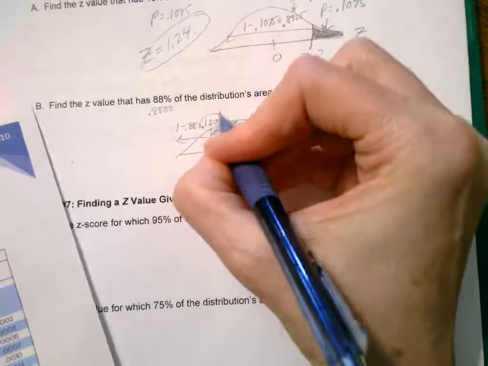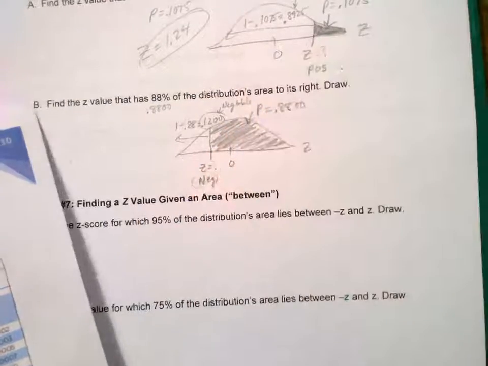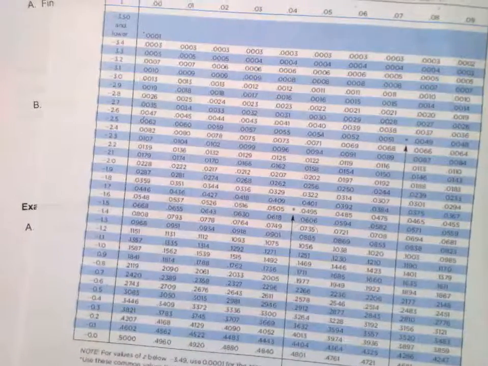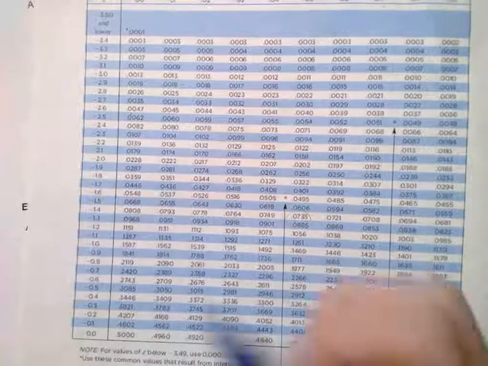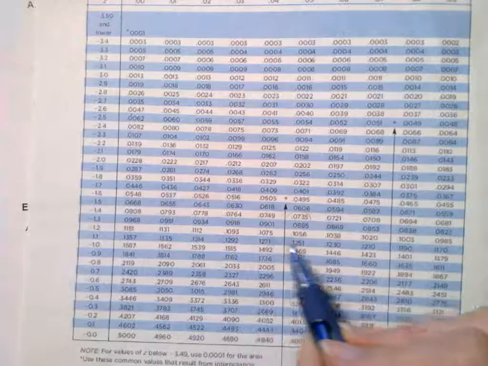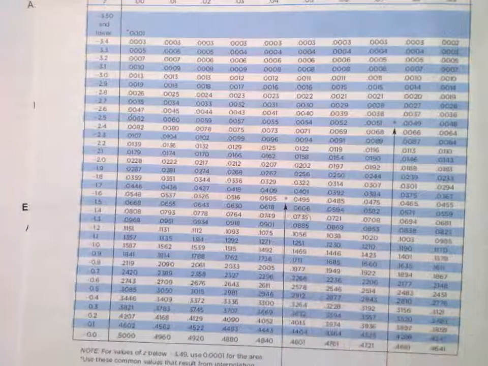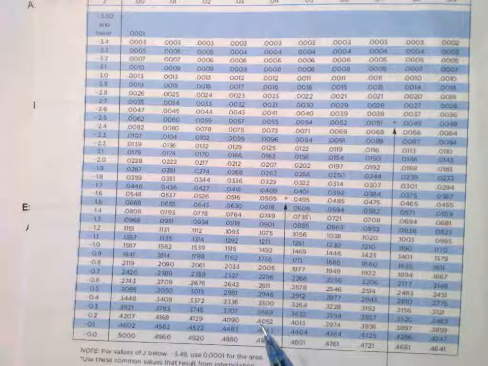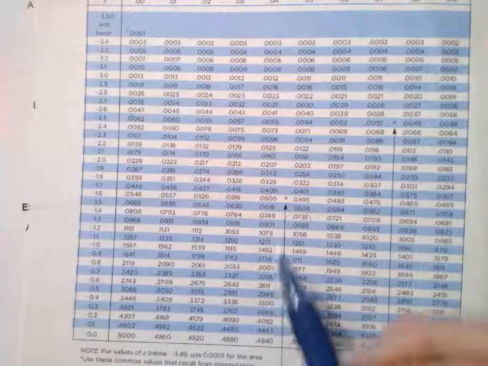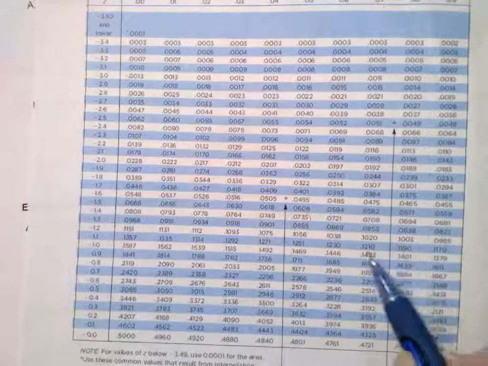That is what I'm looking for in the negative table. 0.12, kind of in here.